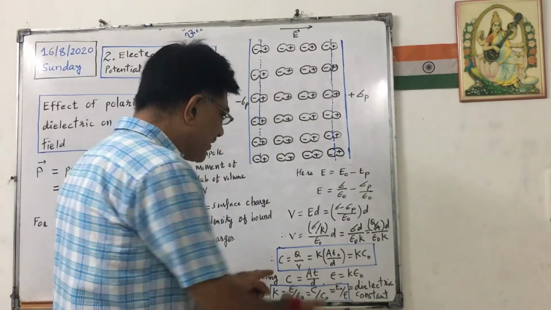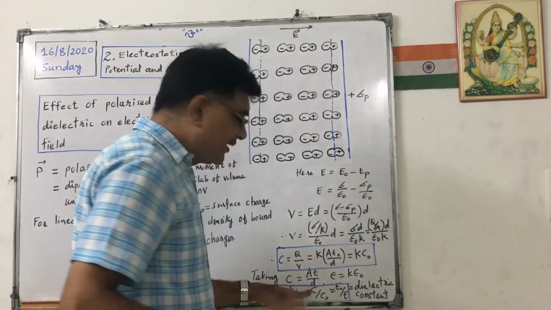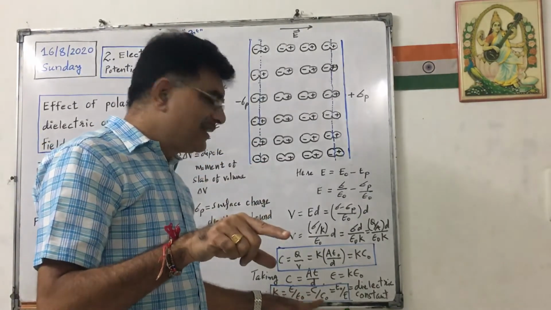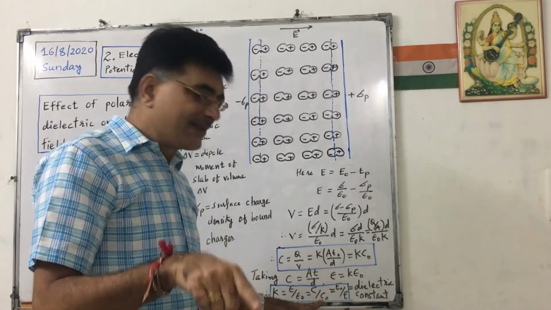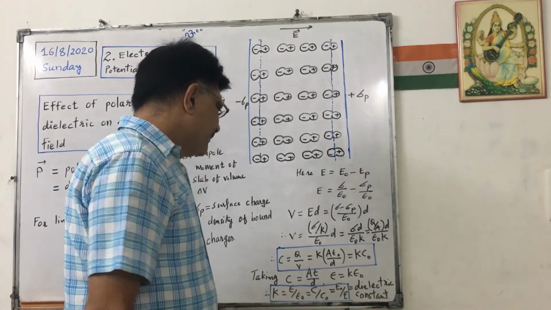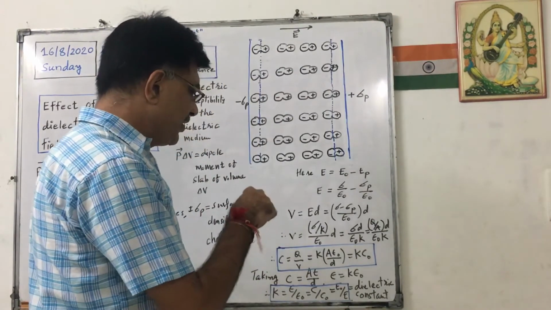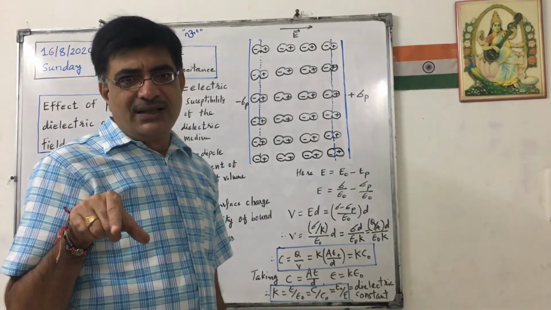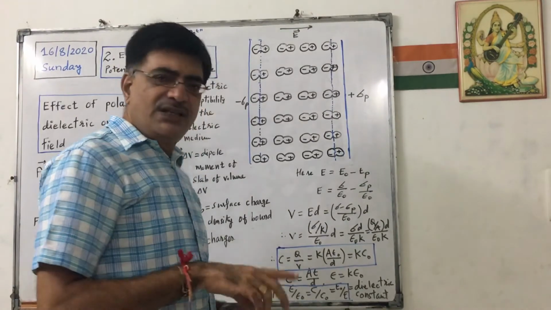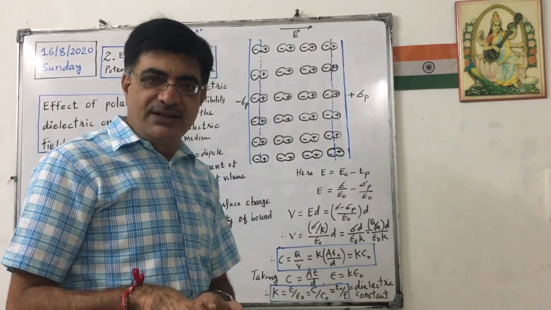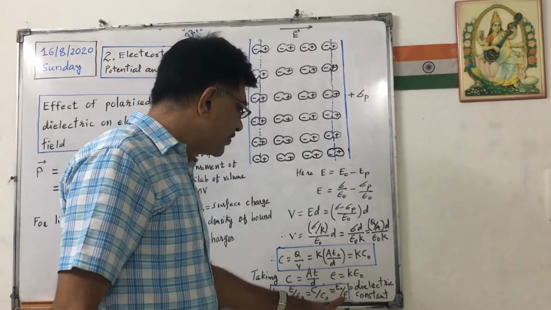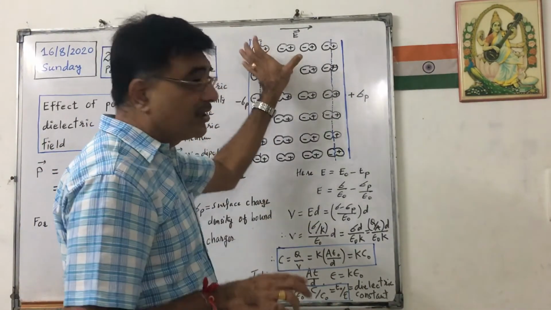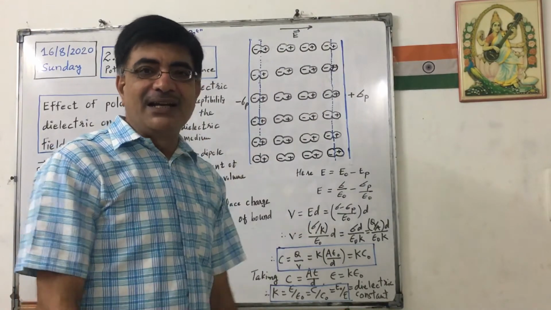We can also write K as C upon C naught. C is the capacitance in presence of dielectric material and C0 is the capacitance in free space. We also know that C equals Q by V, and V is proportional to E, so capacitance is inversely proportional to electric field. So we can write E0 upon E, where E0 is the electric field in free space and E is the net electric field in presence of the dielectric medium.